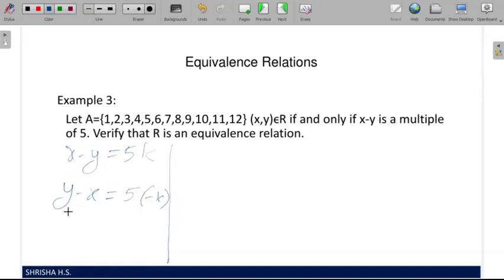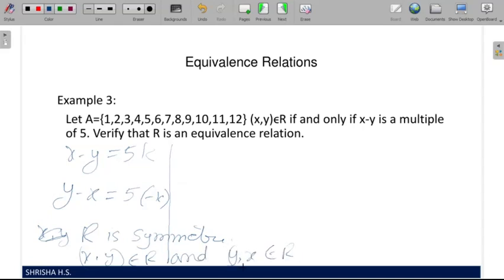So R is symmetric. That is, x comma y belongs to R and y comma x belongs to R for all x, y belonging to set A. This is how you write it in the notation form.